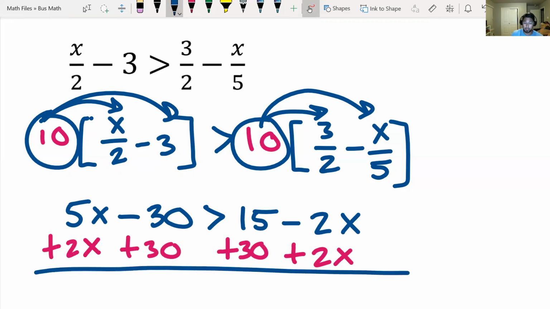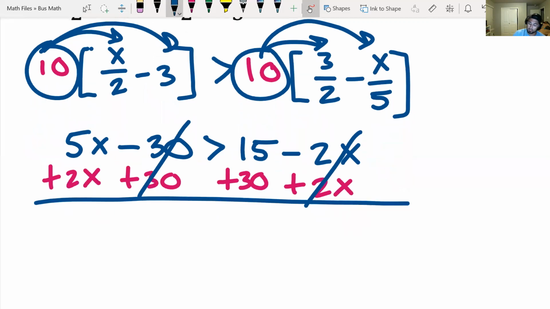All right, which means that 30 is gone, that 2x is gone. And here's what we are left with. 7x greater than 30, not 35. 45.